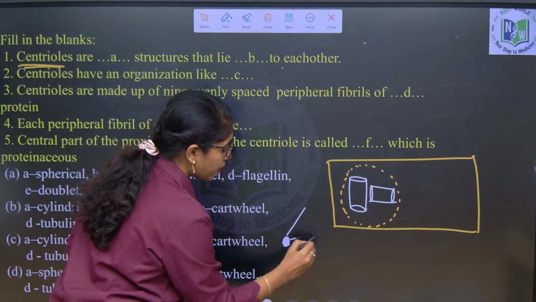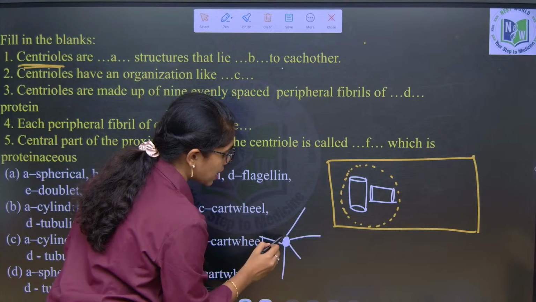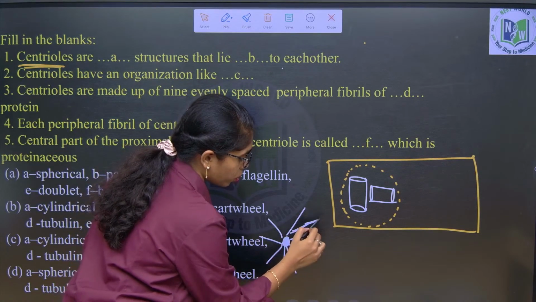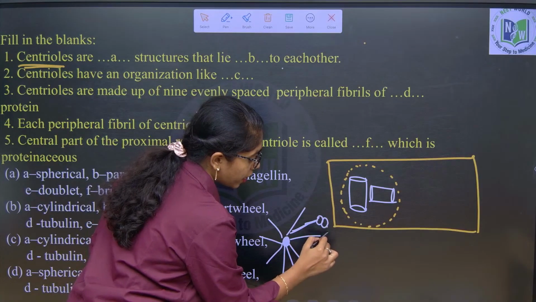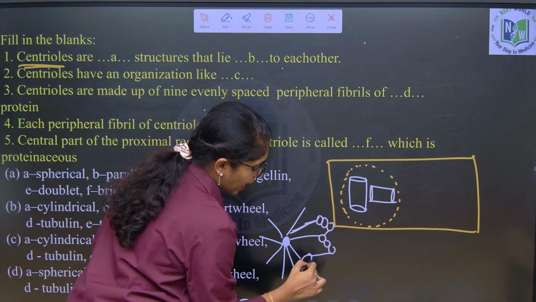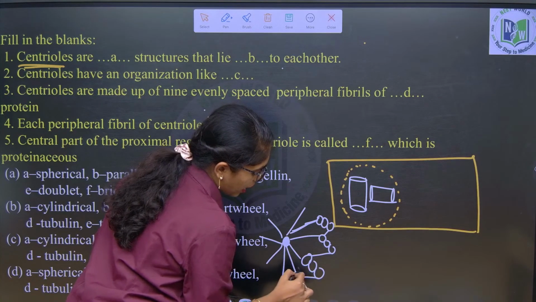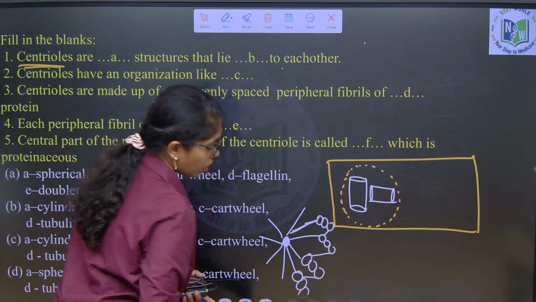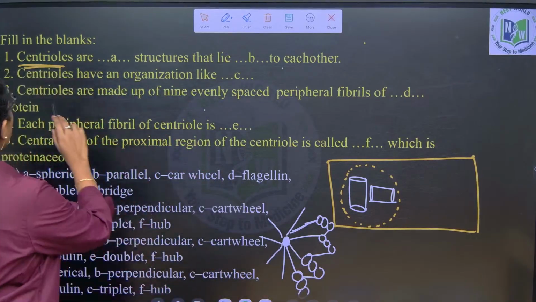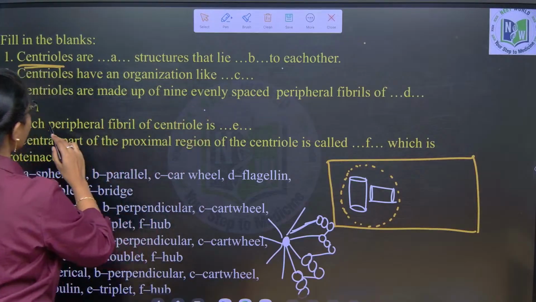To that 9 radial spokes are present. To each radial spoke 3 peripheral microtubules are present like this, which are arranged in the form of a cartwheel as such. Okay, so this is arranged in the form of a cartwheel. Centrioles have an organization of cartwheels.